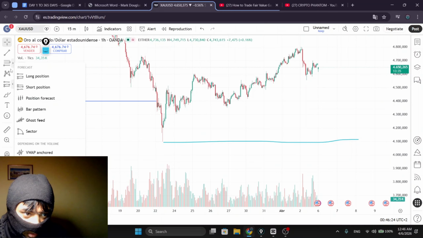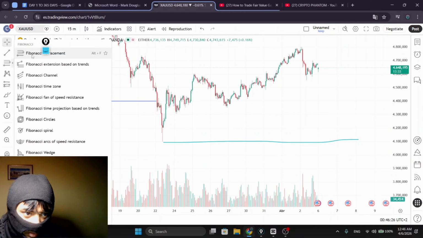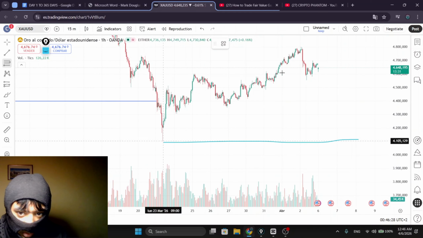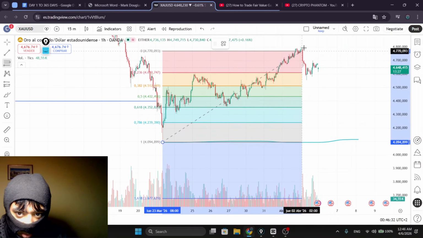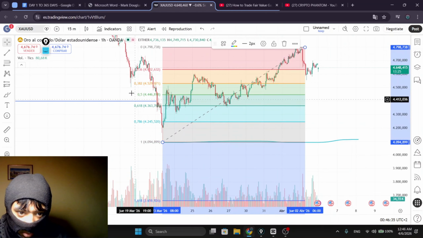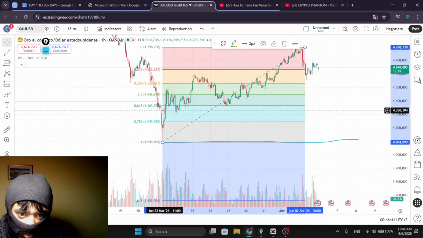Where is the Fibonacci retracement? In buying, from bottom to top, below 0.5 down, fair value gaps work. So below here we got multiple.